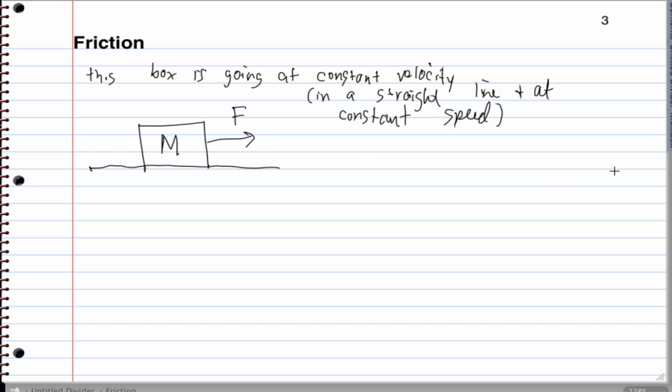Now, let's recall Newton's first law. What Newton's first law says is the following. An object at rest stays that way until an external force gets it moving.